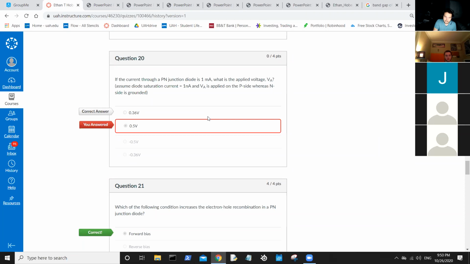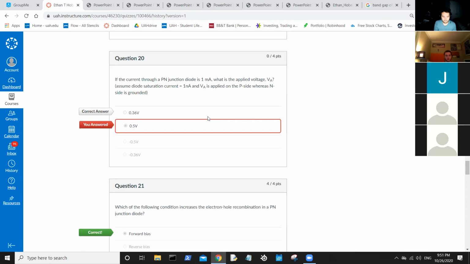So that's going to be VA over 0.026 as what the E is raised to the power of. So then you do some math over there. Again, we're going to have ln of 1 million on the left side is equal to V over 0.026. This is literally the exact same number that we calculated earlier. So it's just going to be 0.36 volts, which is the correct answer.